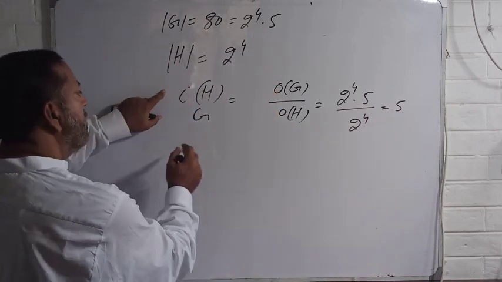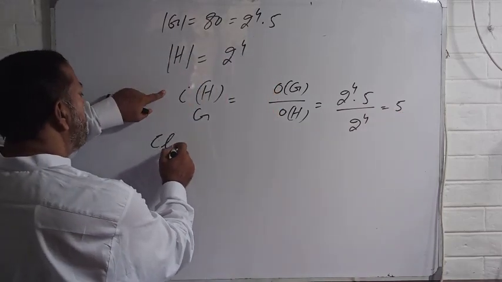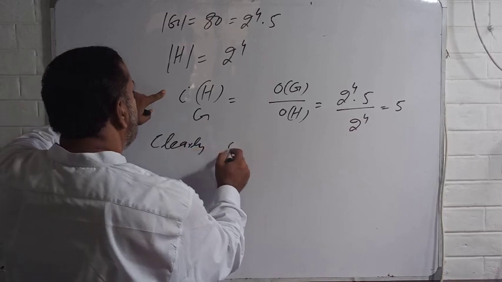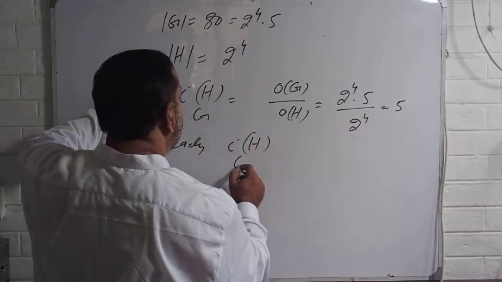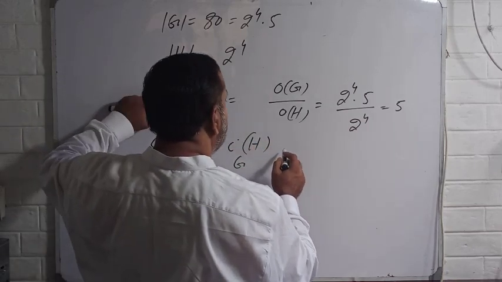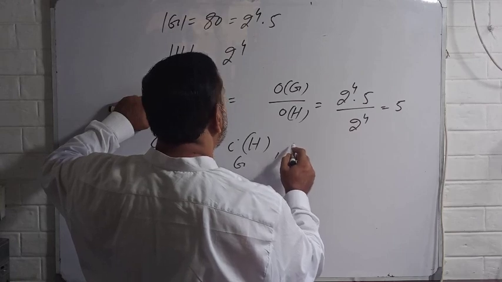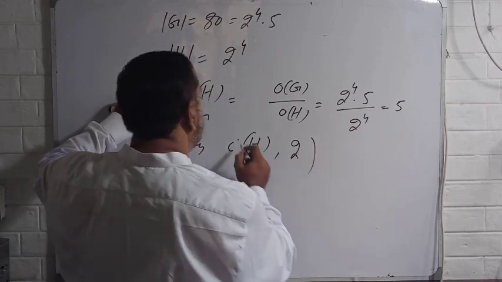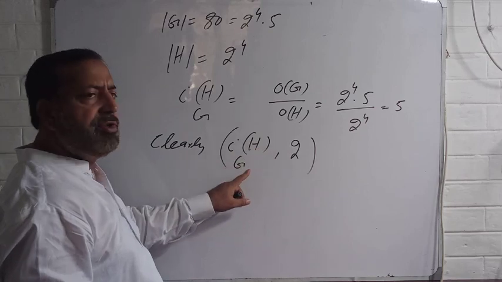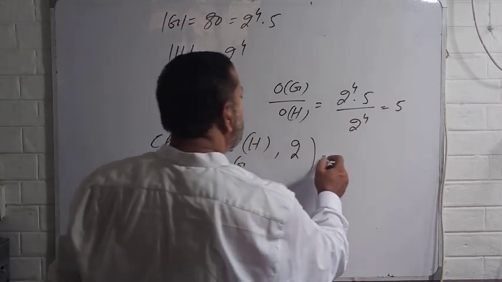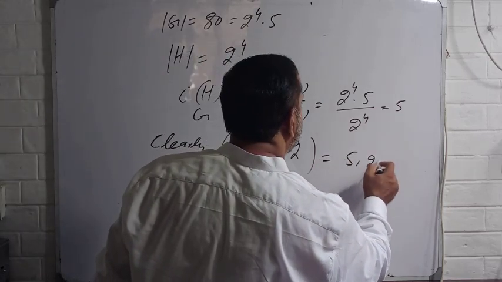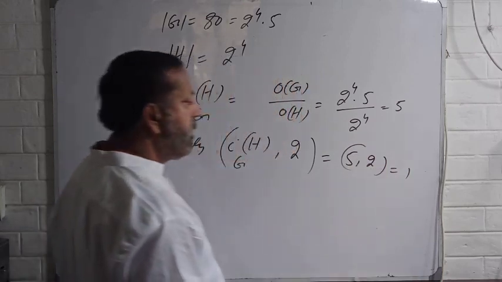So look at this. Clearly the index of H in G and 2 are 5 and 2, which are relatively prime.